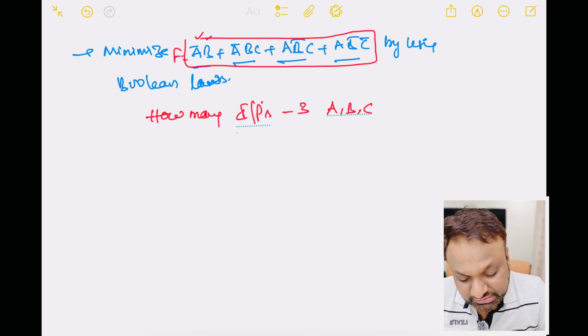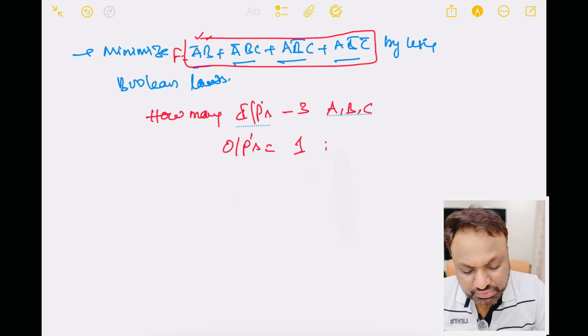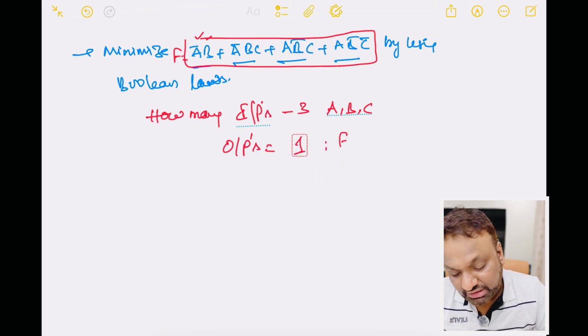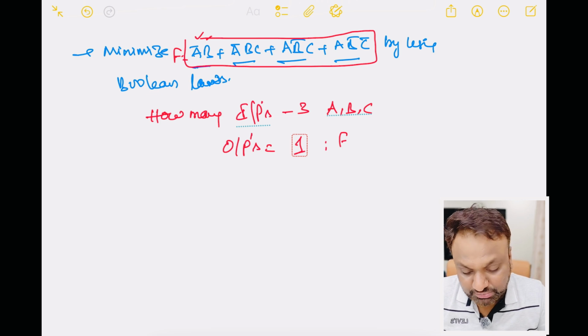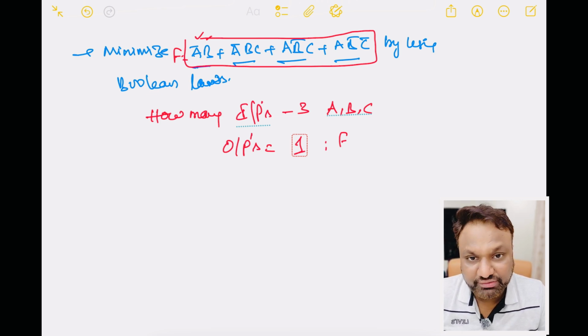So I have 3 inputs, and 1 output. F is my output. Let us apply the Boolean postulates we have learned.